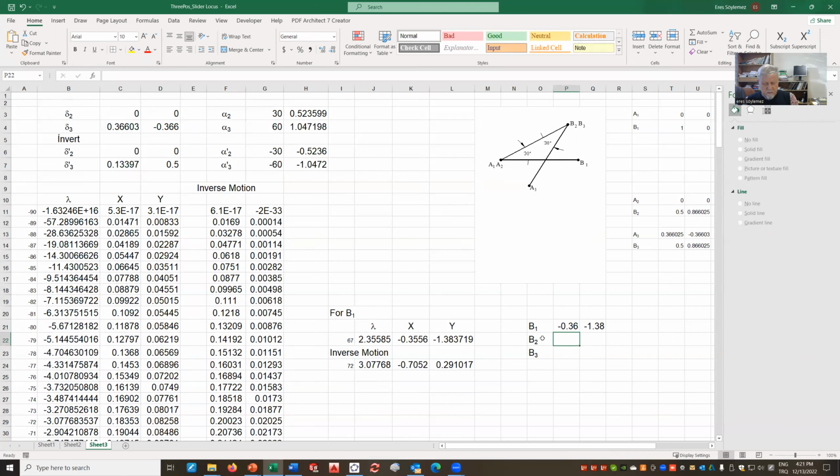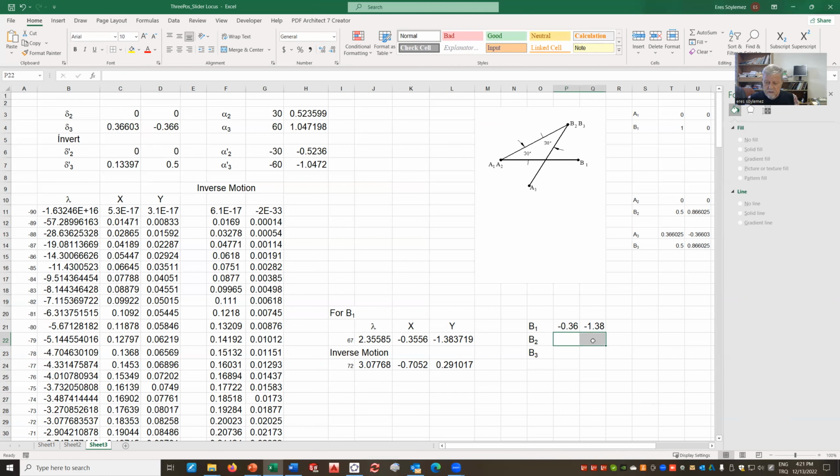B2 is obtained by rotating P1 about P12 by an angle alpha 2, right? Or if this is the Z vector, the position in the second position is delta 2 plus Z e to the I alpha 2. Delta 2 is 0. So this is point B2.